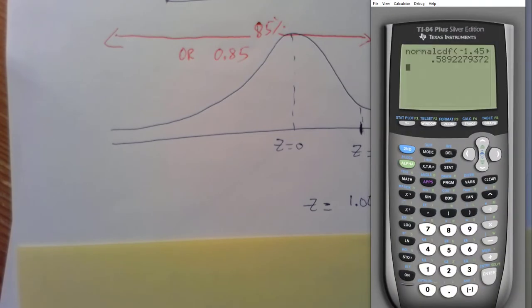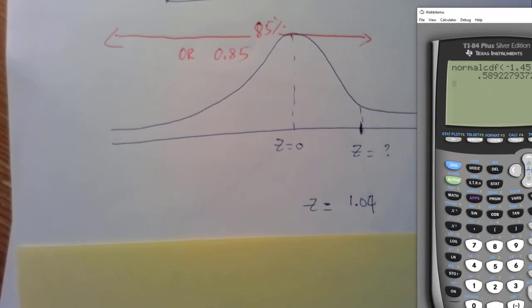Now we can also use the TI-84 to find that. Because we are given the area and we are looking for the z-score, we can use the function called inverse norm. So 2nd, VARS to get the distribution. We use a function called inverse because we are doing the inverse process of the normal distribution function.